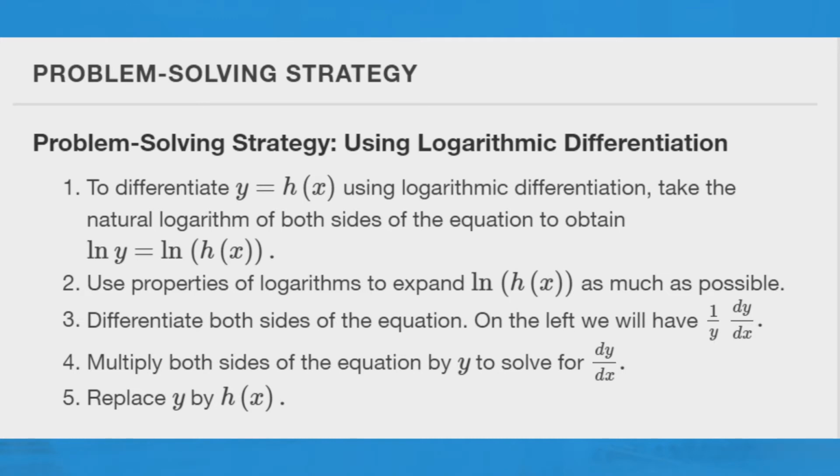Remember, if h of x is a product or a quotient or a combination of products and quotients and powers as well, remember that the natural log changes those products and quotients into addition and subtraction with the logarithms. And so by expanding the ln of h, you might have a simpler derivative to take.